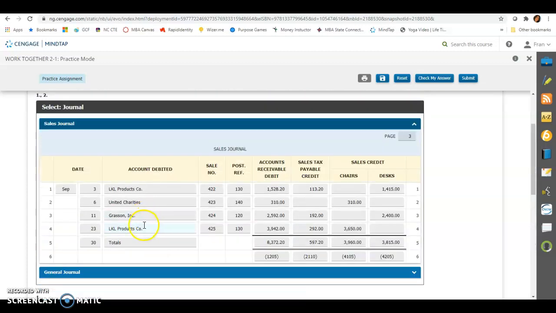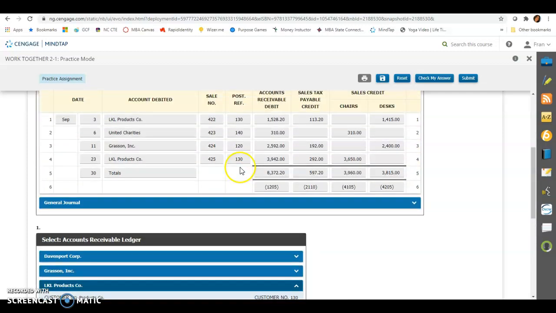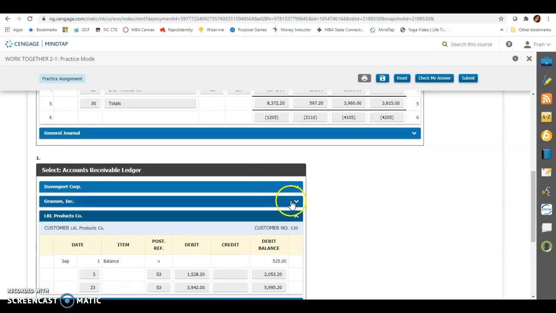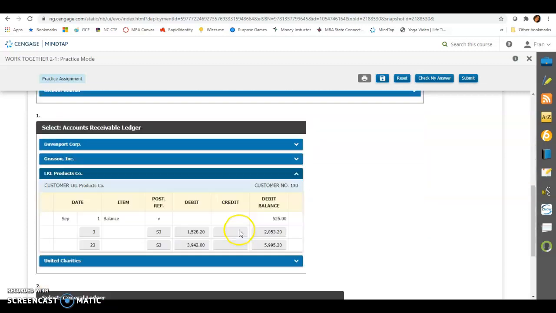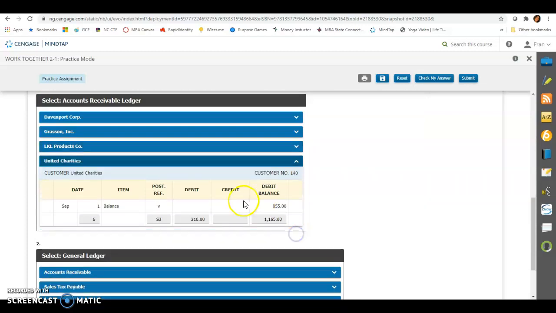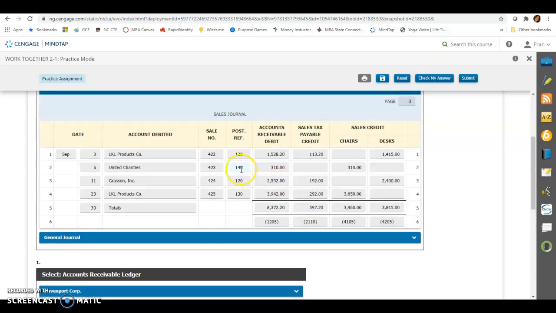Then post the one for the 23rd and put the post references up here. Then go up here for United Charities and post theirs for $310. Customer number 140, that goes up there, and so forth.